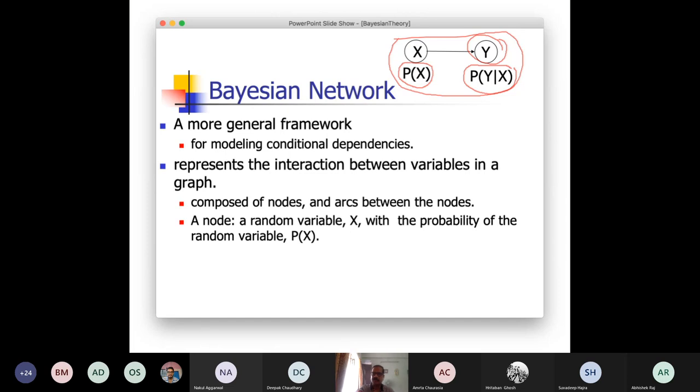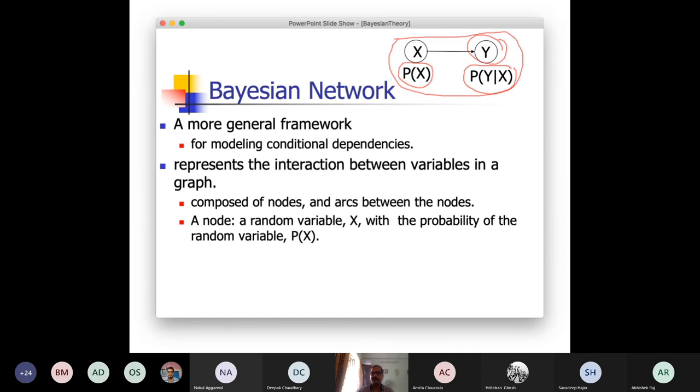So the Bayesian network involves a representation called topology, that means the structure of the graph, and also the labeling of the nodes in terms of random variables. Finally, you should also have their probability distributions at the nodes, so that you are representing the joint probability distribution of these two random variables.